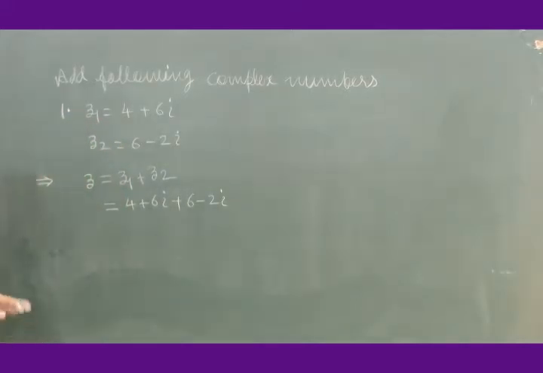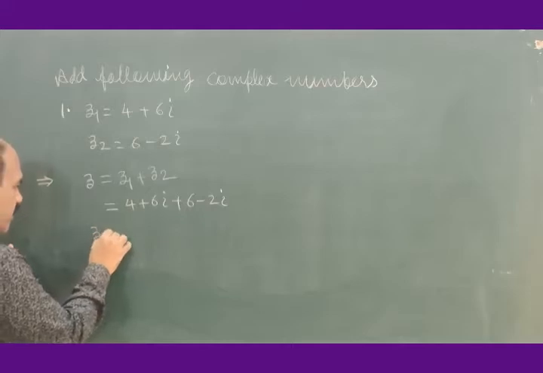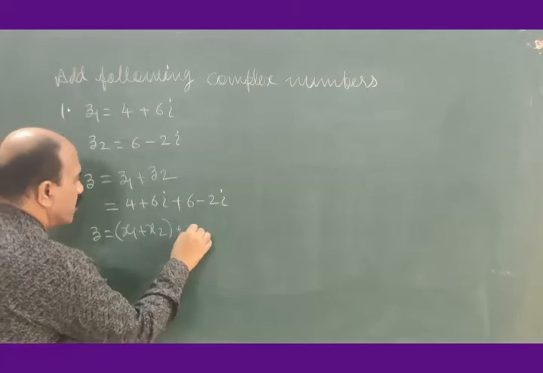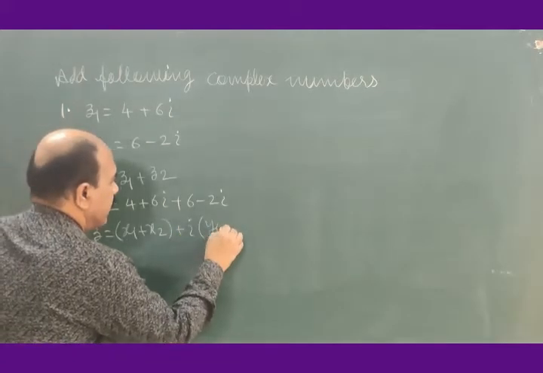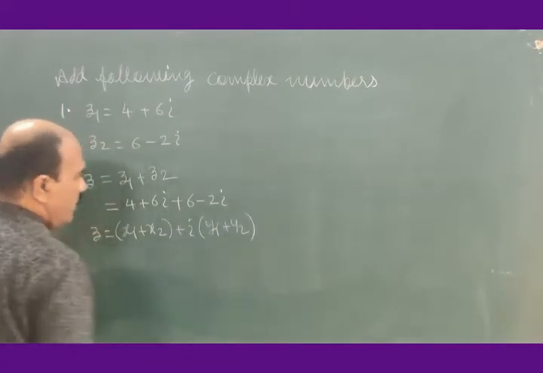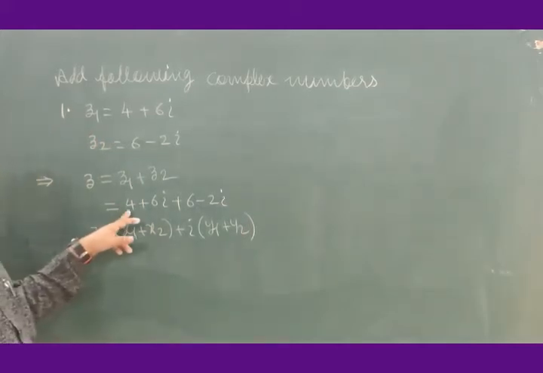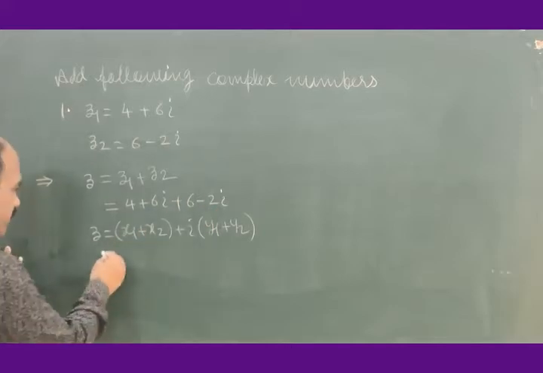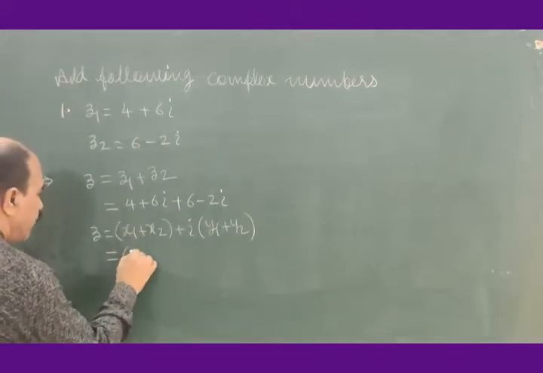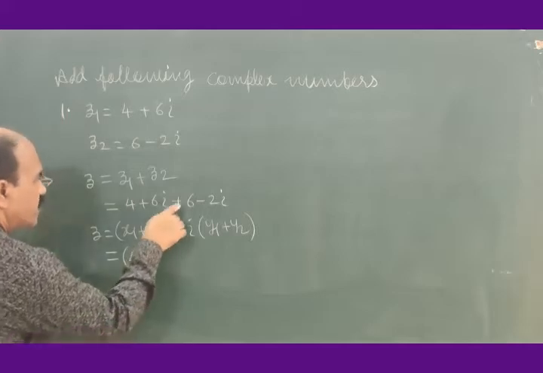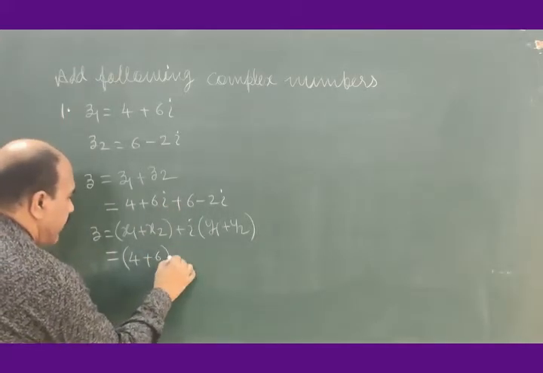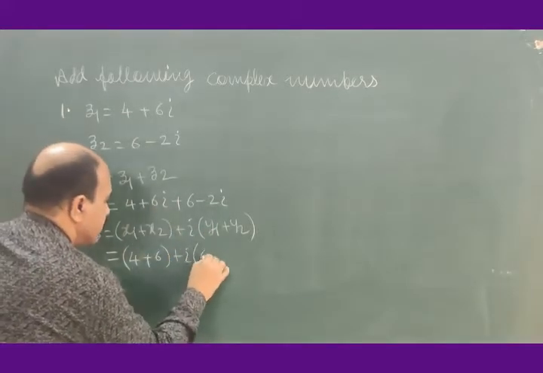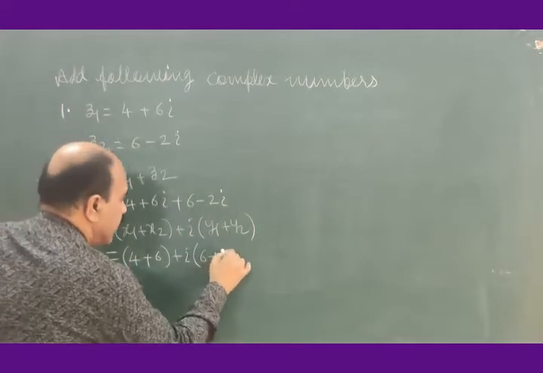What is the formula of addition? Z is equal to (x1 plus x2) plus i into (y1 plus y2). What is x1? 4, plus x2, 6, bracket complete, plus i into, y1 is 6, plus y2 is minus 2.